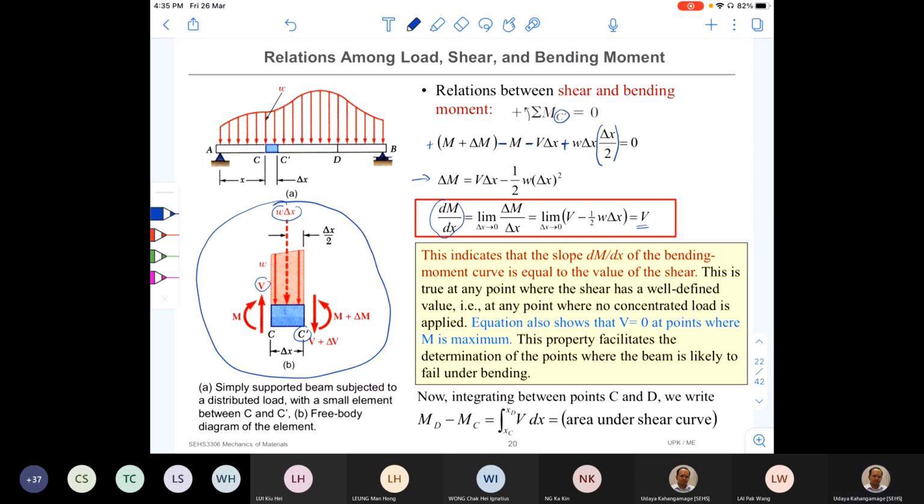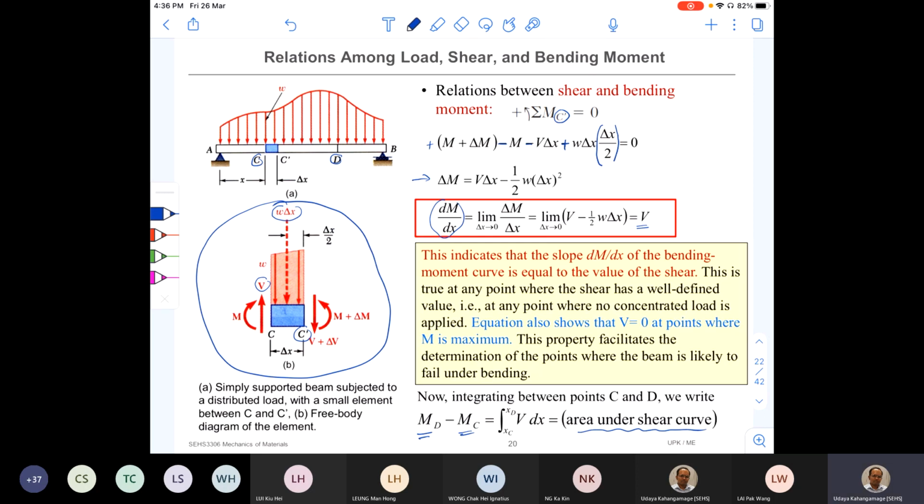at that point. Okay, so to move a little bit further, by integrating this between 2 points C and D, you should be able to find out the bending moment variation. That is MD minus MC, equal to the integration from C to D of V dx. That means V dx is the area under the shear curve. So that's also very useful information.